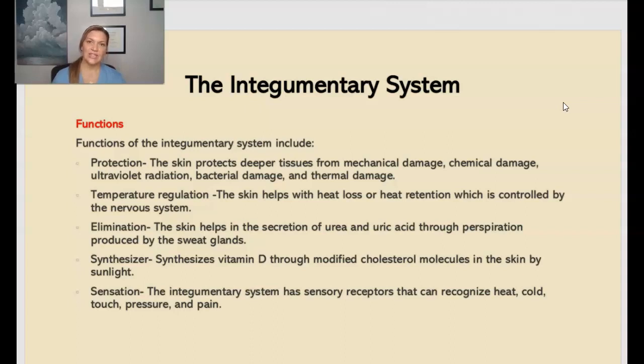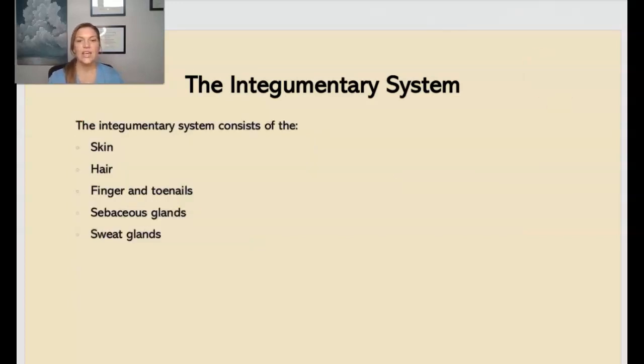And then, of course, sensation. The integumentary system has sensory receptors that can recognize heat, cold, touch, pressure, and pain. The integumentary system includes, of course, our skin, our hair, our fingernails, our toenails, the sebaceous glands, and our sweat glands.